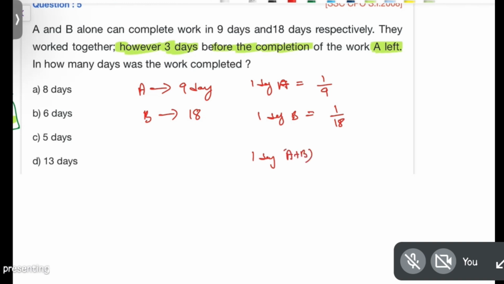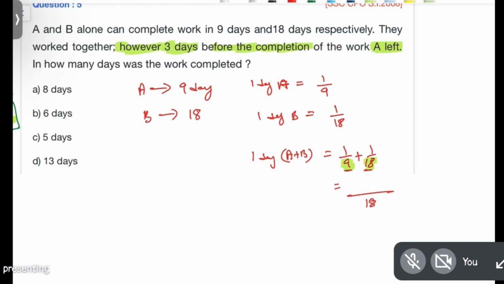It is 1 by 9 plus 1 by 18. In the previous class I told you that if the denominators are multiples of each other, the bigger number will be our LCM. So here the bigger number is 18, so our LCM is 18.